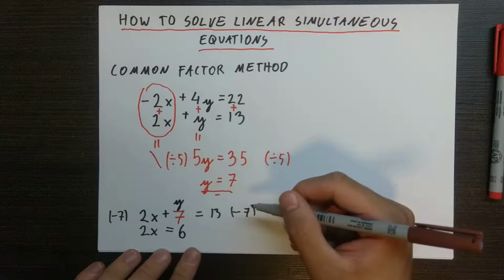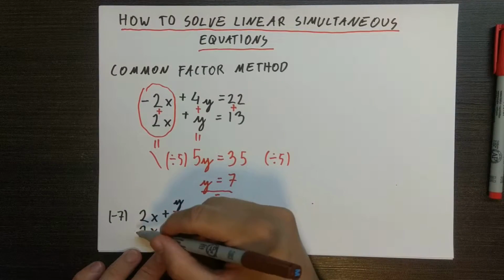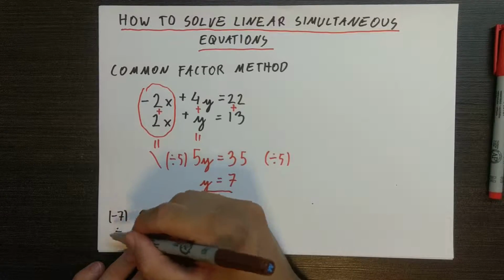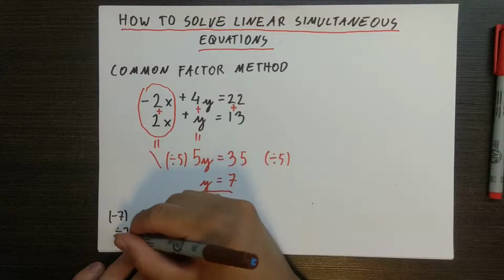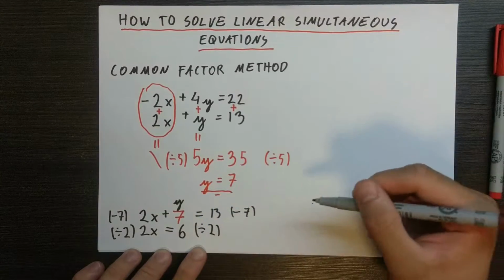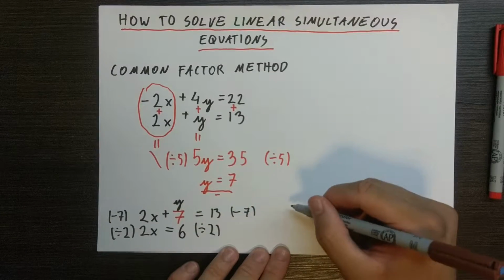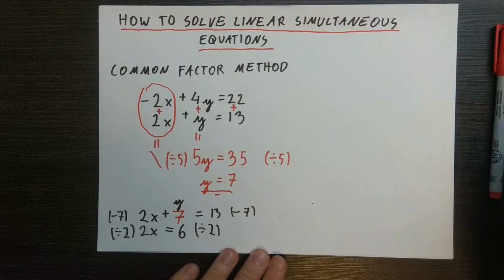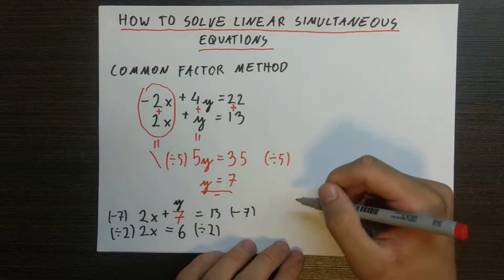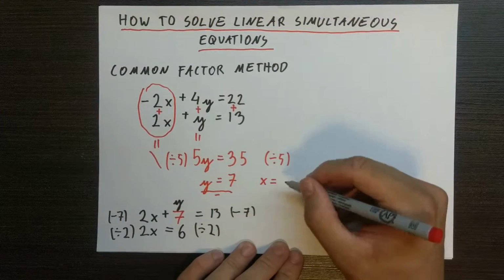So now, what do we have to do? We have 2x and a 6. So we have to get rid of that 2. So we divide both sides by 2. I'm gonna continue here because we ran out of space. So the answer is y equals 7 and x is equal to 3.